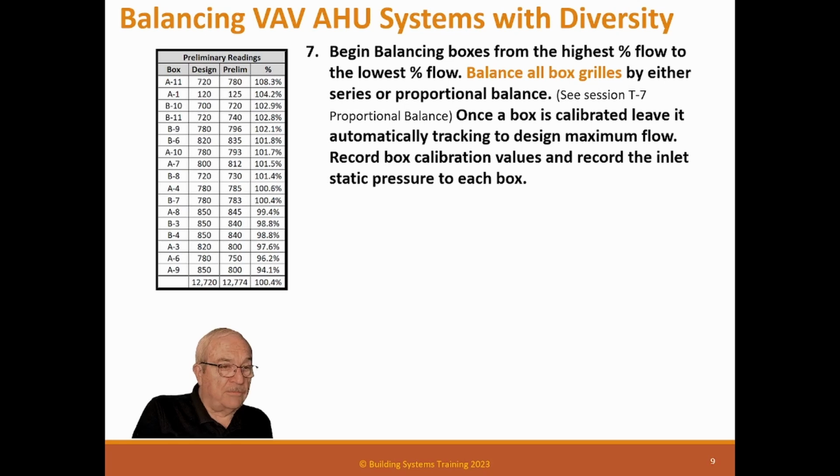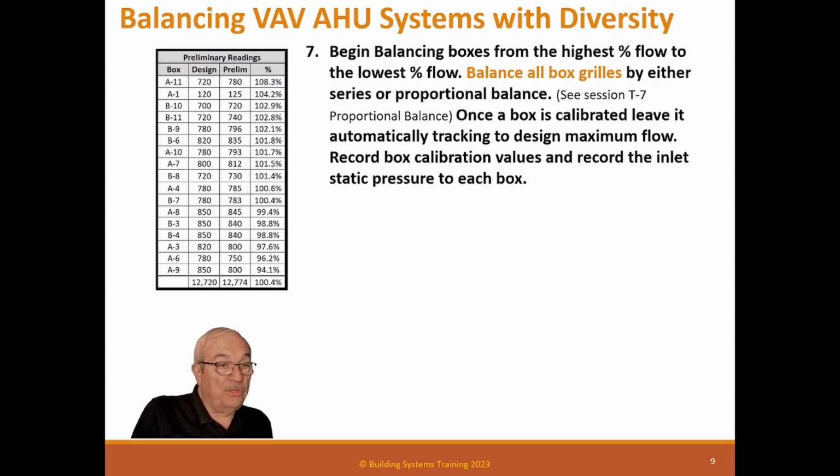So once it's calibrated, then you simply change the box from being full open. Your command was full open. Now you turn it to automatic control, but you want it to maintain that maximum box damper position. So now the pitot will still move the damper up and down to change pressure, but you want it to maintain that flow. So you want to override the box to a certain CFM level, which is the balance level. We're doing that because we want it to stay constant.